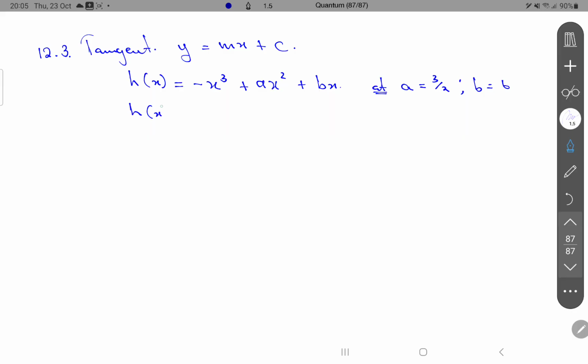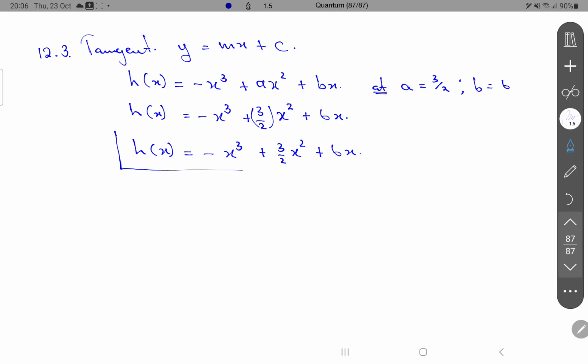So h of x is equal to negative x cubed plus 3 over 2 x squared plus 6x. This is our equation which we have there.